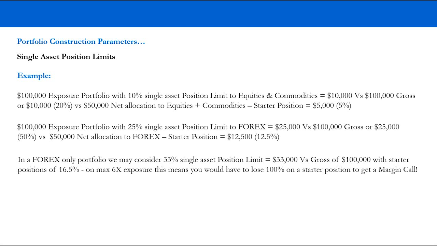The reason why we do this is because we never want to be in a situation where one single position in our entire portfolio is creating the entire destiny or outcome of our portfolio. So by doing that, we ensure that if things go wrong on one position, the overall portfolio doesn't get hurt by too much.